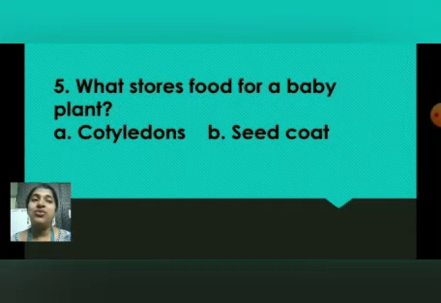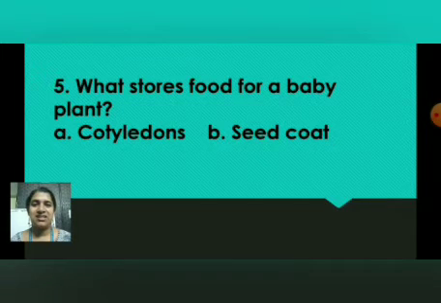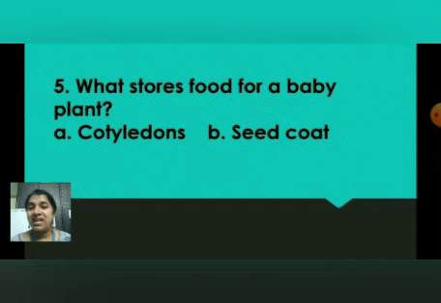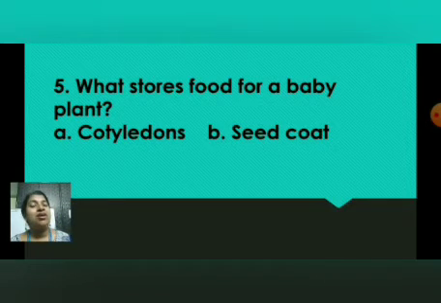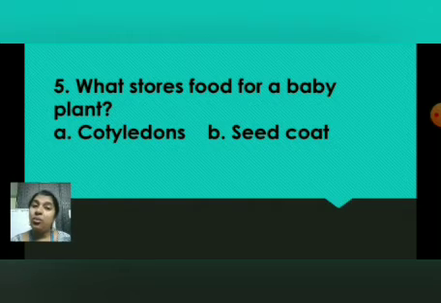What stores food for a baby plant? Yes. Remember we just did it, that the second important function of the seed is to store food for the baby plant. Now which part of the seed does that work for the baby plant to grow?